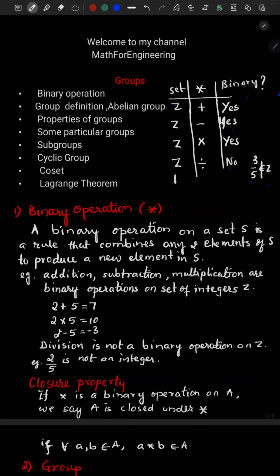Now instead of Z, if I take natural numbers, then the operation taken is say plus. Is plus a binary operation or not? Take any two natural numbers, add them, again it will be a natural number, hence it is a binary operation. If you take minus, whether this forms a binary operation on the set of natural numbers.